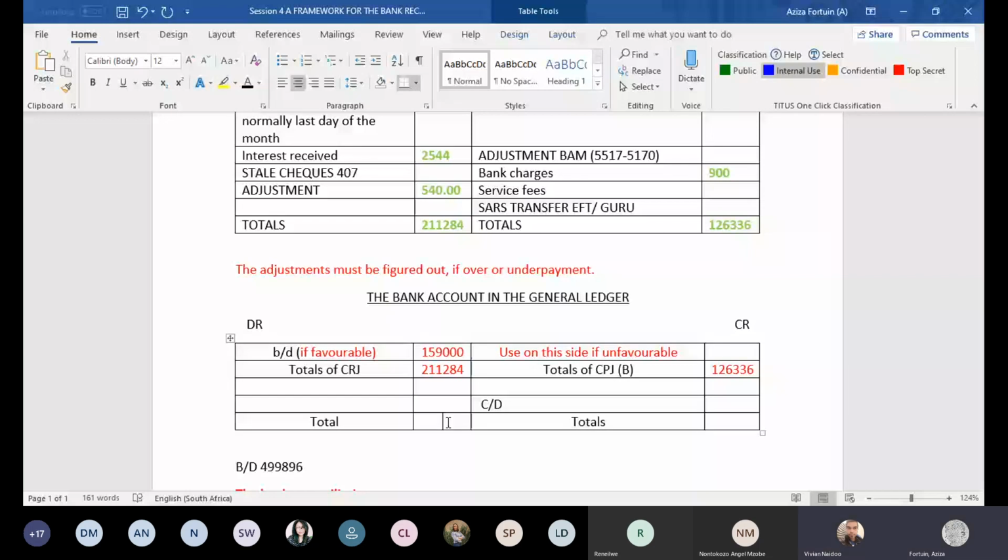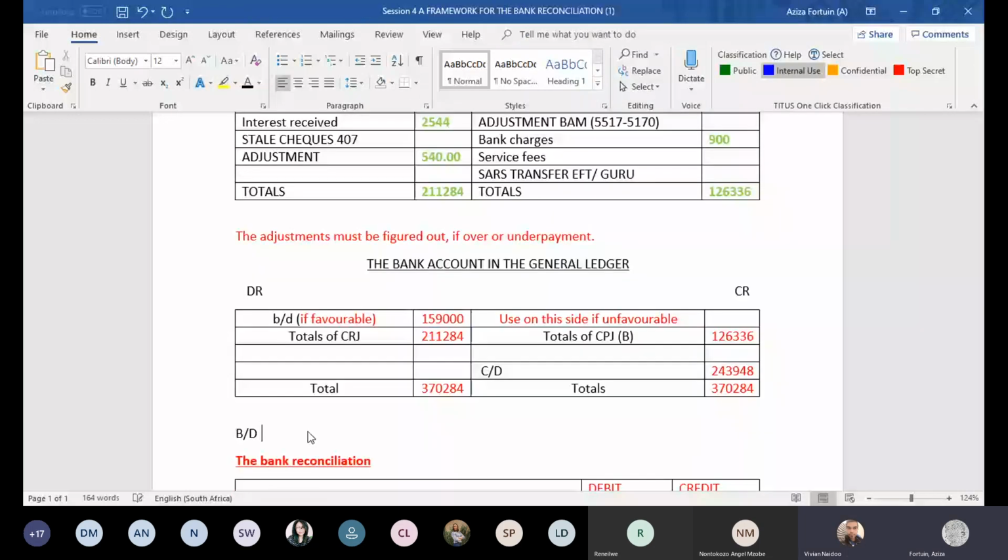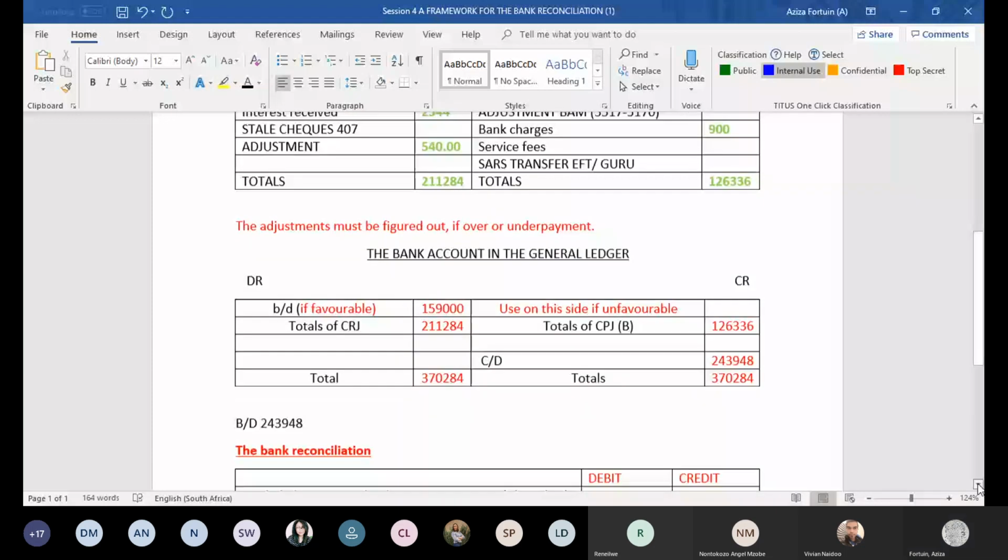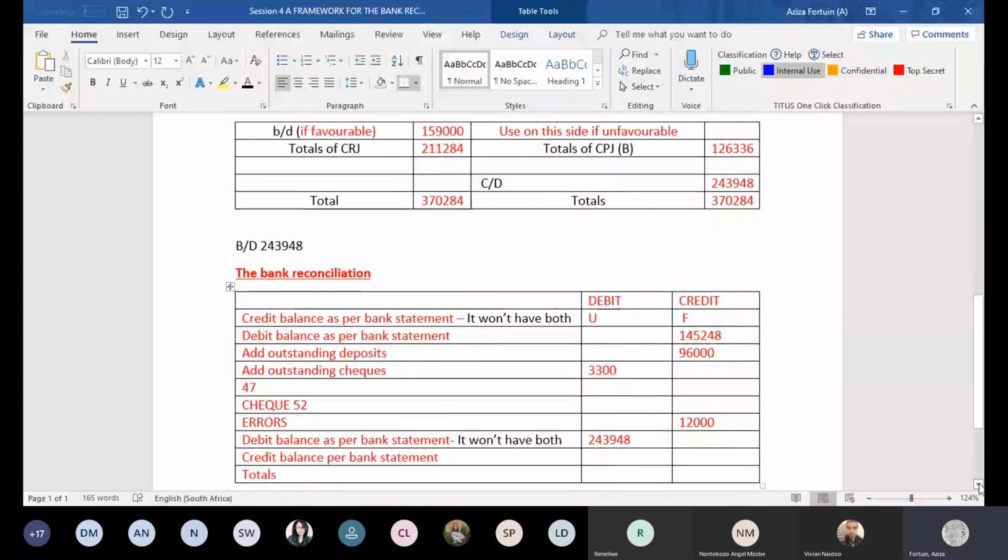Okay, and the carry down figure will be 243,948. And you carry that down to your debit side. Okay, so let's tally it up.